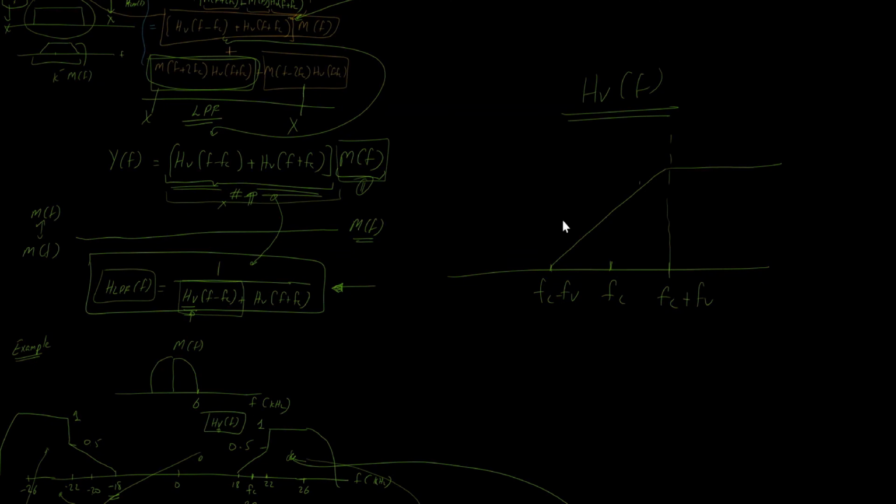So from here to here, right? So we have an even symmetry and we have a consistent slope, right? So we may have a different slope, but the symmetry has to be there.